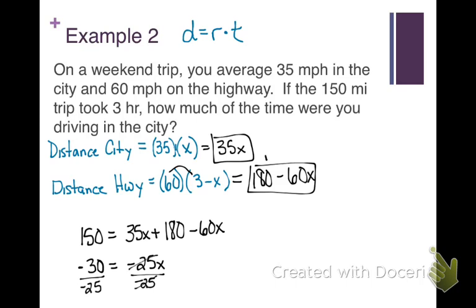All right. So what's x equal to? Since we're dealing with hours, we're not going to say 6/5 of an hour, right? So it's an hour and what? 20 minutes? I'm not for sure.